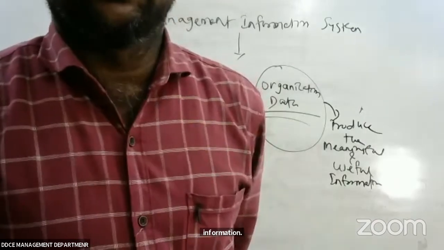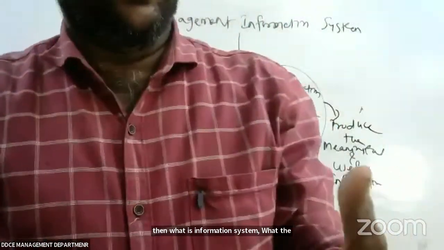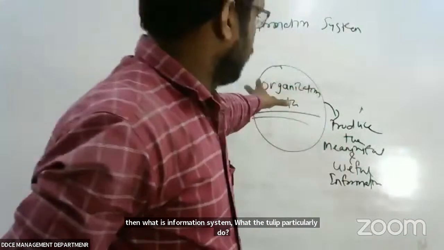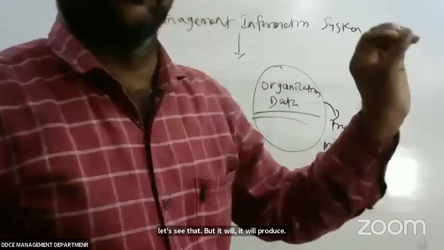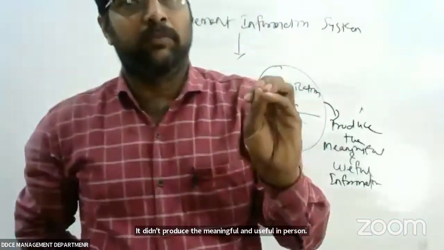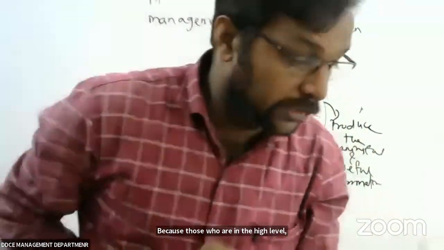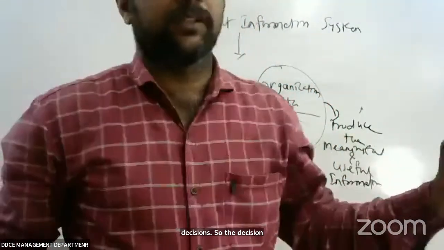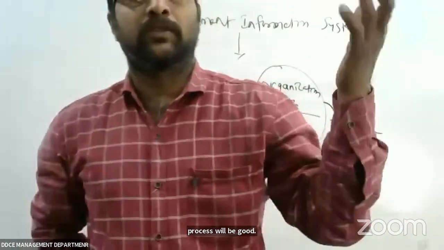First is what is system information, then what is information system, then what is MIS. What will MIS particularly do? It will analyze, evaluate and process the organization data, and produce meaningful and useful information, so that the decision making process is good, because those at the high level will take decisions, and our organization and business should grow.